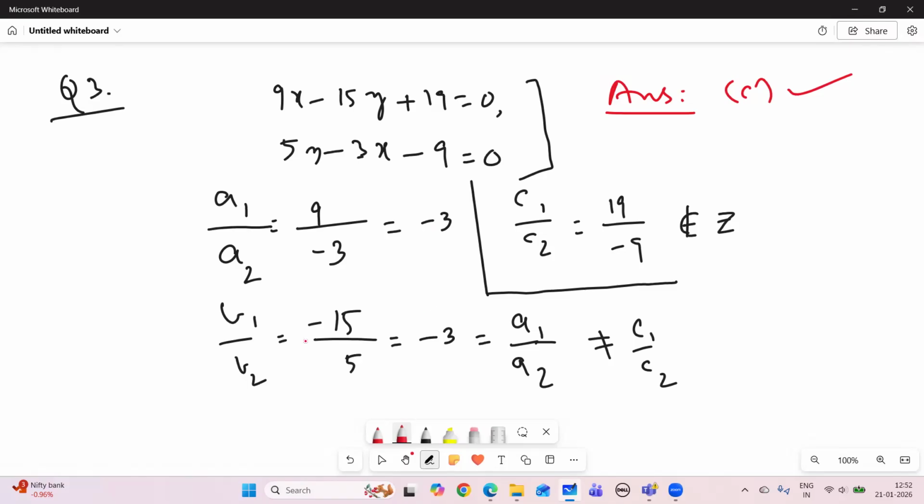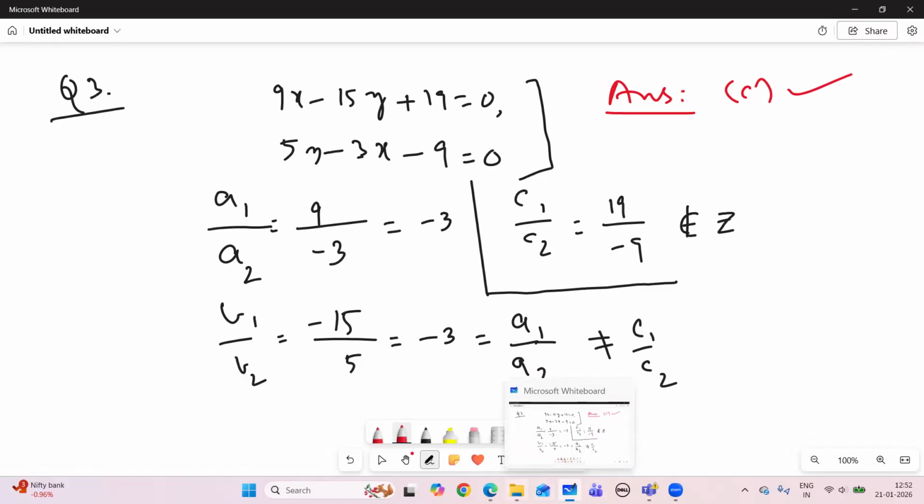In some other problem, you may have a1 by a2 equal to b1 by b2 equal to c1 by c2. Then the given pair of lines become coincident, and you will have infinite solutions, or both lines represent one and the same line.